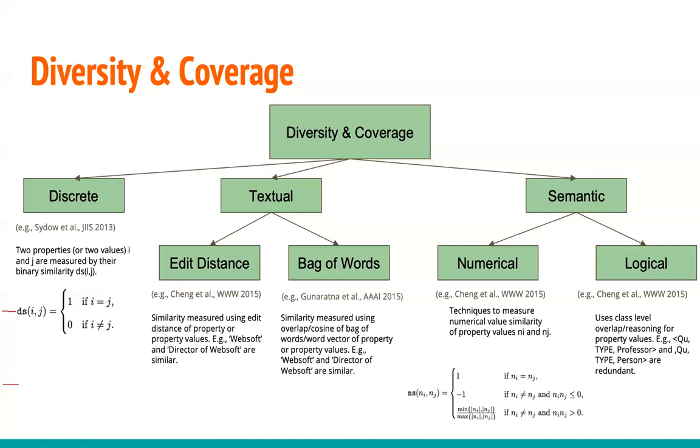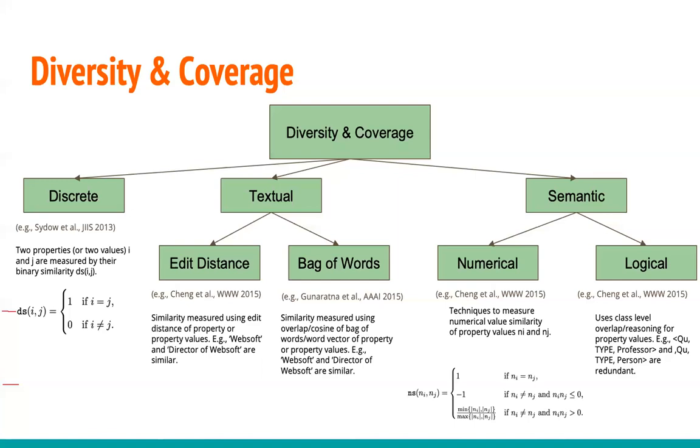If they are the same, you give 1. If they are not the same, and one of them is negative or 0, you get -1. If they are not equal and both are positive, then you measure using their fraction, taking the minimum and maximum. It turned out to be a reasonable way of measuring numeric similarity.